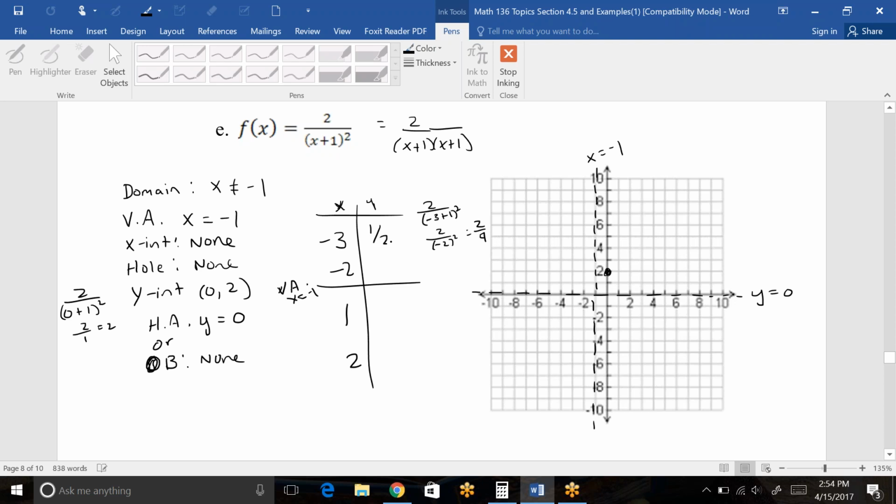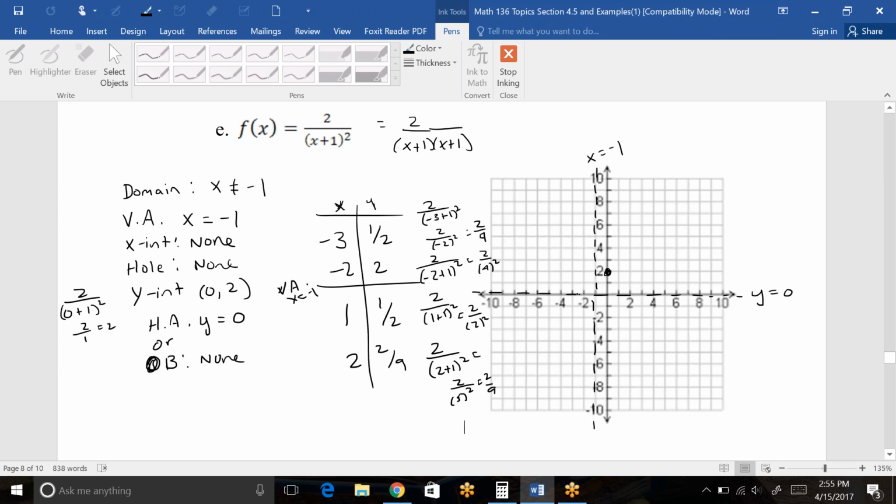So that's 2/4, which is a half. 2 over -2 plus 1 squared is 2 over -1 squared, which is 2 over 1, which is just going to be 2. 2 over 1 plus 1 squared is 2 over 2 squared, which is 2 over 4, so that's a half. And 2 over 2 plus 1 squared is 2 over 3 squared, which is 2/9.